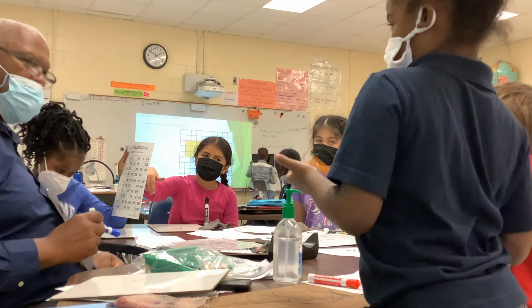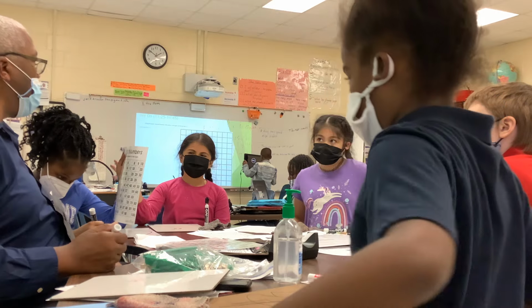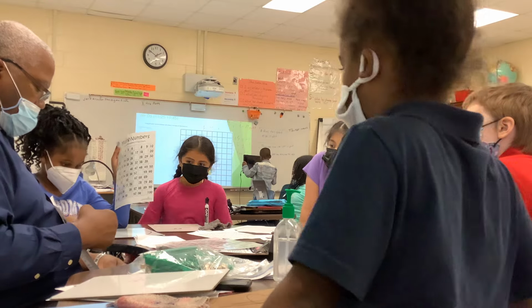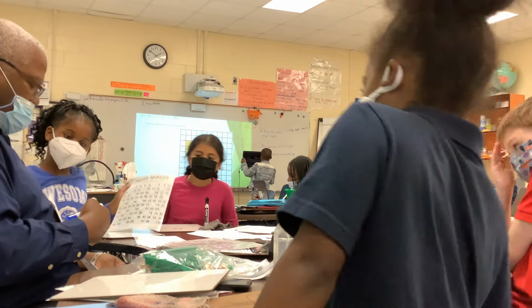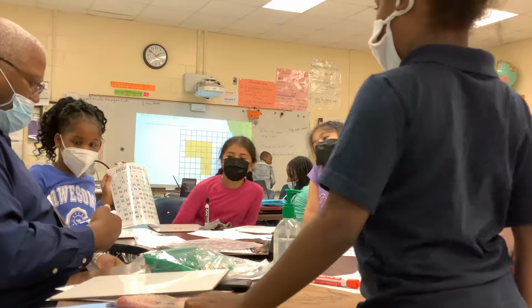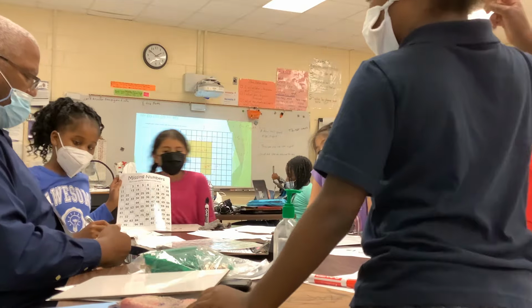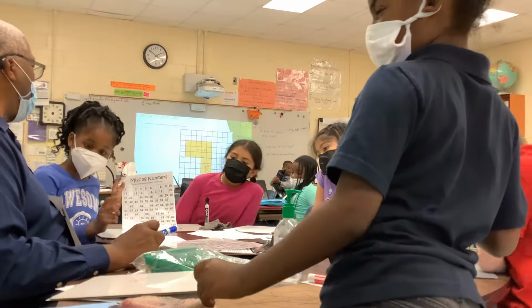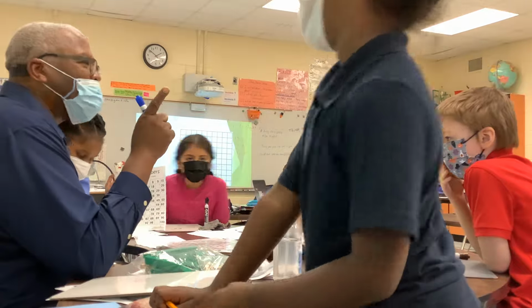You count by 10. Each time I go down, I'm going down by 10. Let's look at this. 5. What started 15? 15. Look at 25. 55. What will be next? 105.